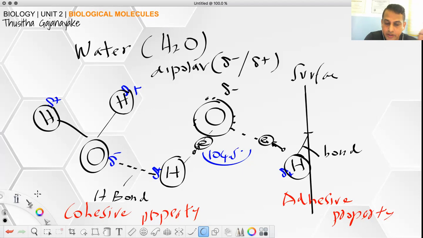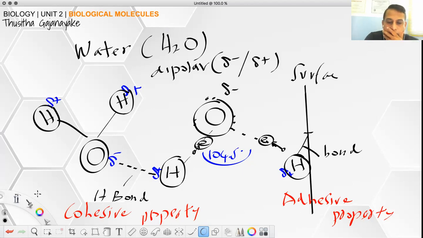You will learn the cohesive and adhesive properties are important for life in many places, especially in unit 4 when we are learning about plants. And in the lessons, we have a small section introducing water and then the properties of water molecules.